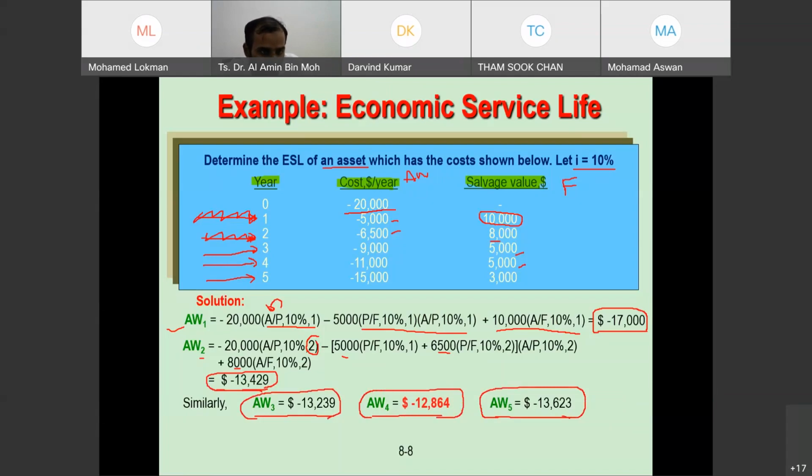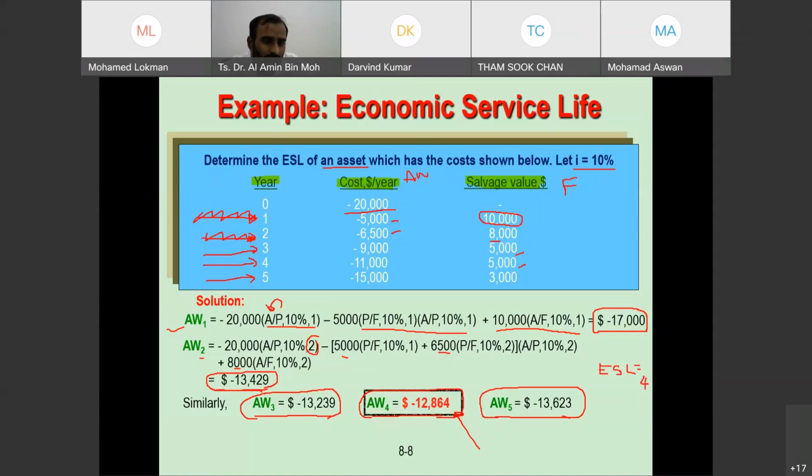the lowest operating cost. Which one is in red here? Okay, so 12,864. So we can conclude that the ESL, we are calculating ESL, right? The N. So ESL is 4 years.